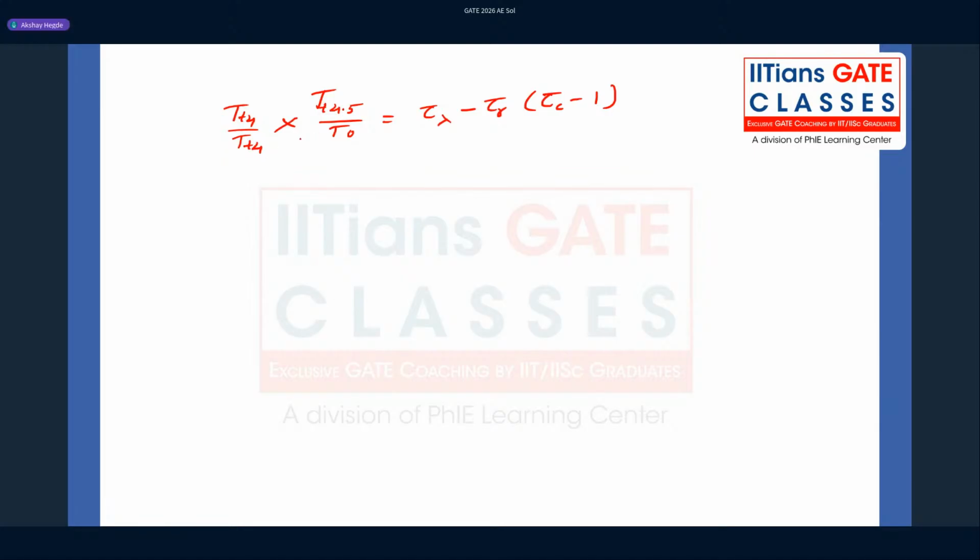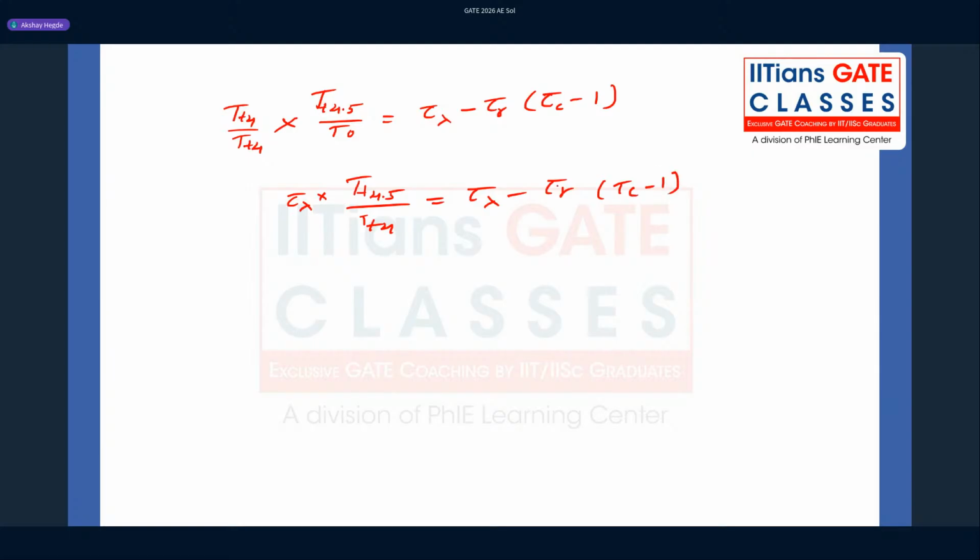Tt4 over T naught is tau lambda, so tau lambda times Tt4.5 over Tt4 equals tau lambda minus tau r times (tau c minus 1).